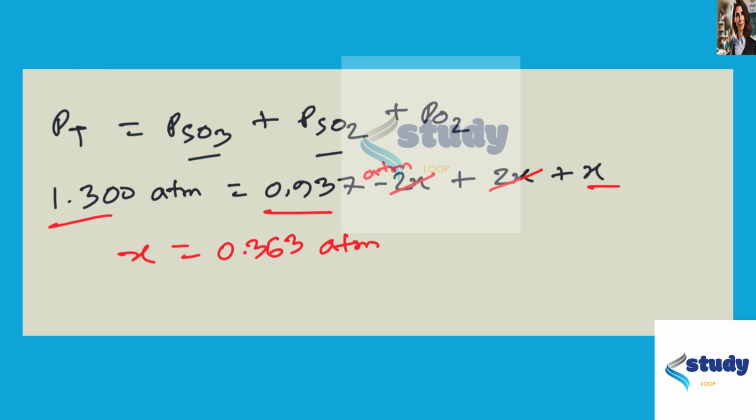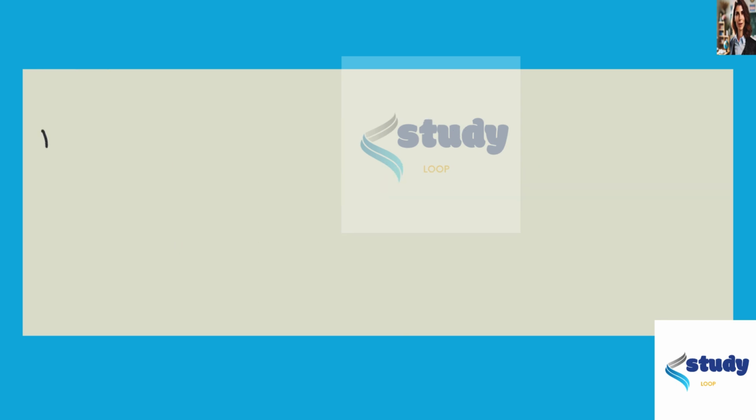Now from here we can calculate the equilibrium pressure of each of these, just applying the value of x. So the partial pressure of SO3 will be 0.937 minus 2x, or 2 times 0.363 atm.